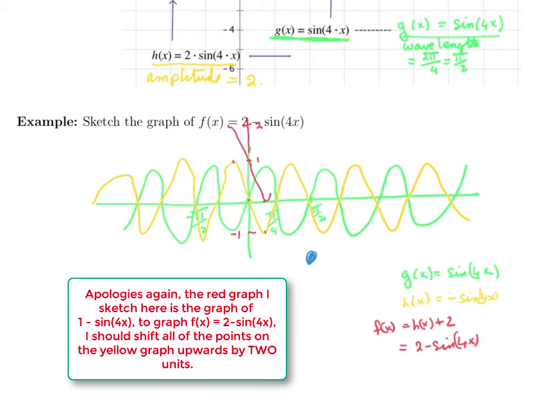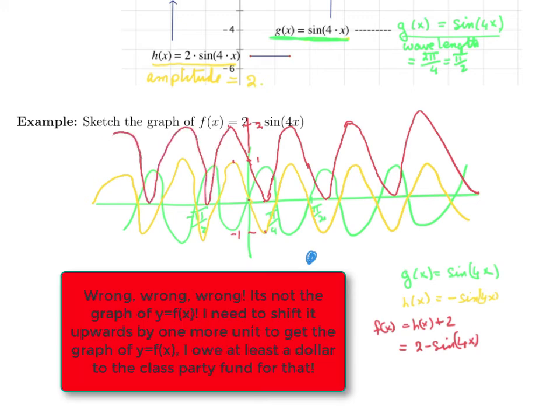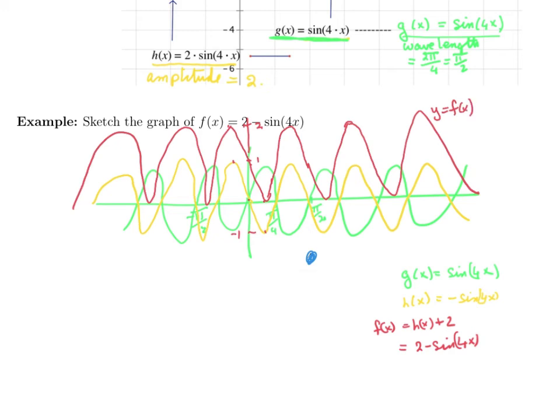So the wave looks like this. So it's the yellow wave, except it just gets shifted upwards by 1 unit. And again on the other side, and these waves are getting out of control. So that's the graph of y equals f of x.